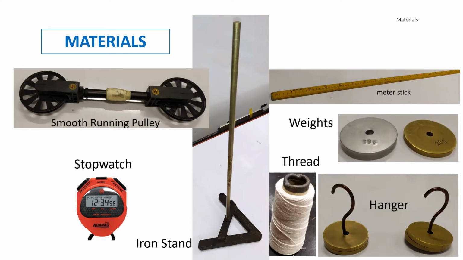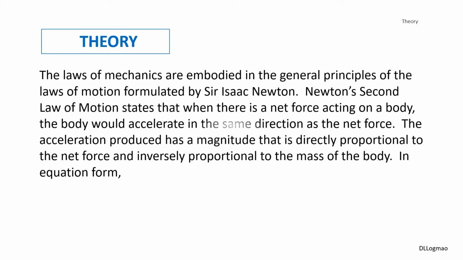Important information significant to this video lesson. The laws of mechanics are embodied in the general principles of the laws of motion, formulated by Sir Isaac Newton. Newton's second law of motion states that when there is a net force acting on a body, the body would accelerate in the same direction as the net force.